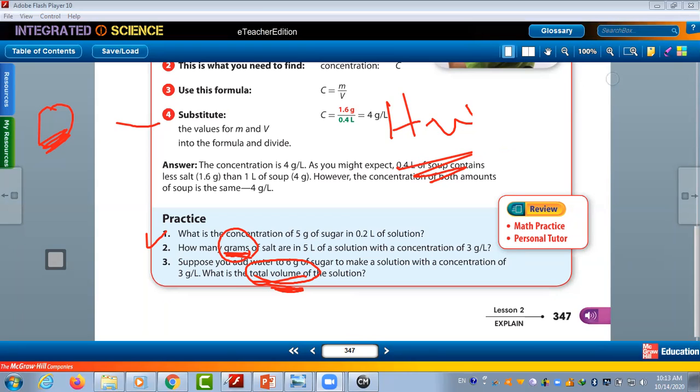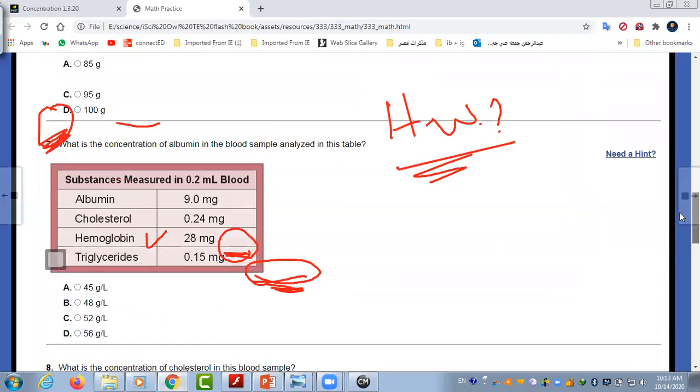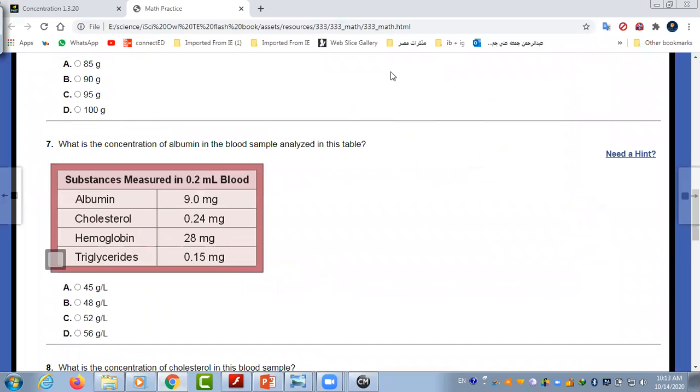Okay, now Shabab, if we go back to the sheet, everyone look at this question, read it, and send me the answer on chat. Question number 7. What is the concentration of albumin in the blood sample? He wants albumin.